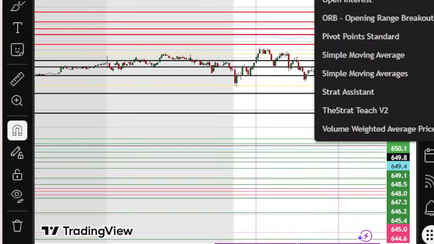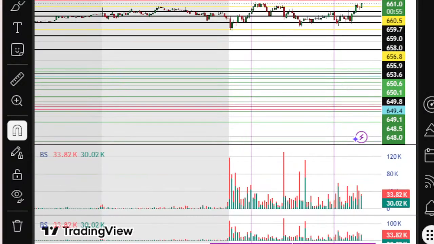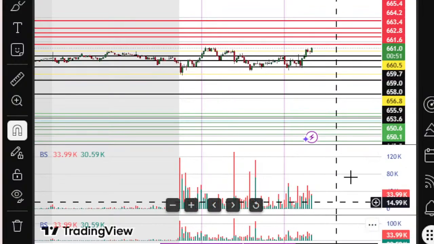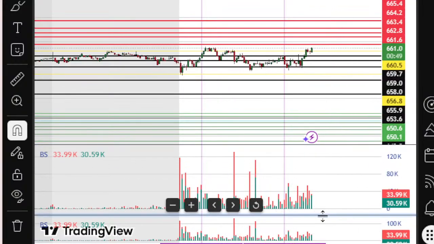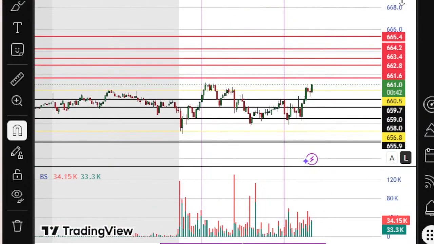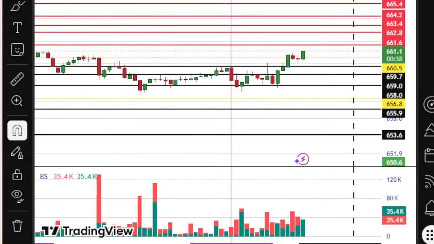I'm going to apply my buy sell volume bars back onto my chart so that we can see both. There we go. And this is on the 5-minute chart, by the way.